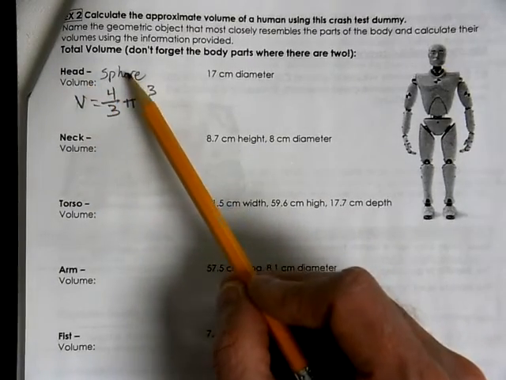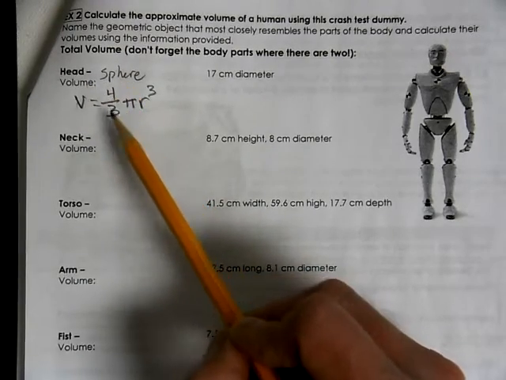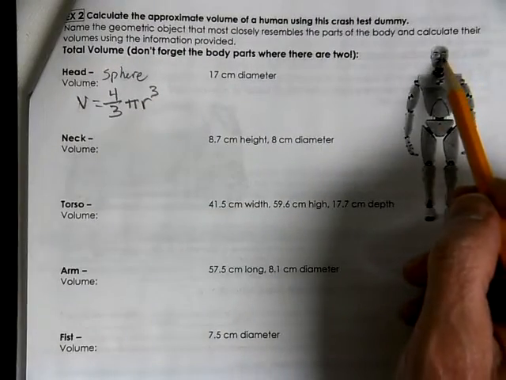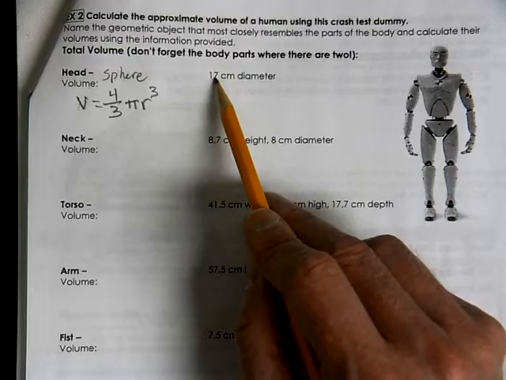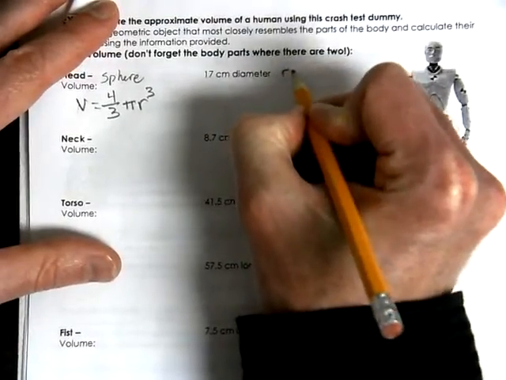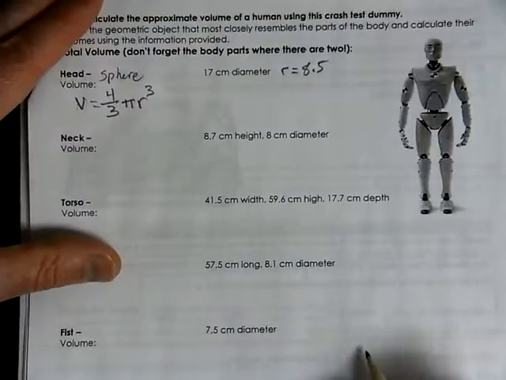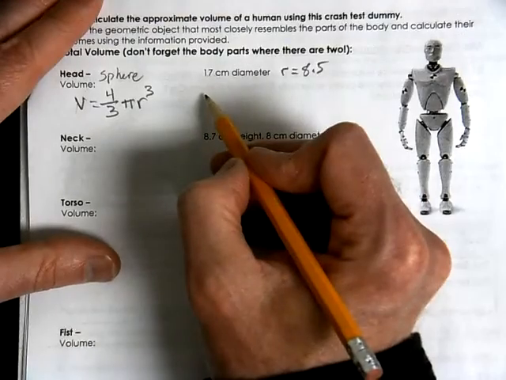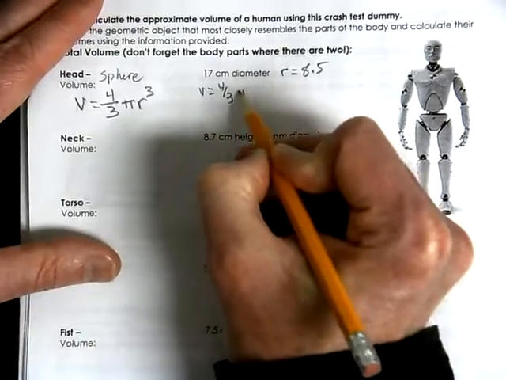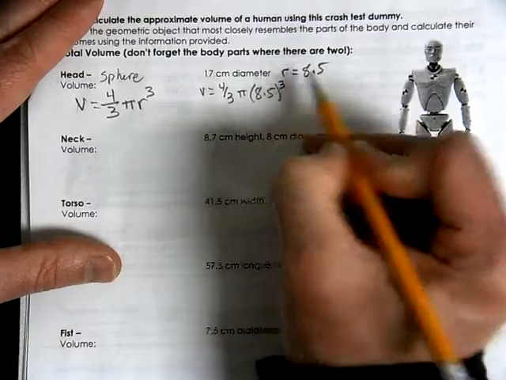If the head is considered a sphere, and we know the volume of a sphere is 4/3 pi r cubed, and the diameter is 17, then the radius is half of that, 8.5. So our volume is going to be 4/3 pi 8.5 cubed.